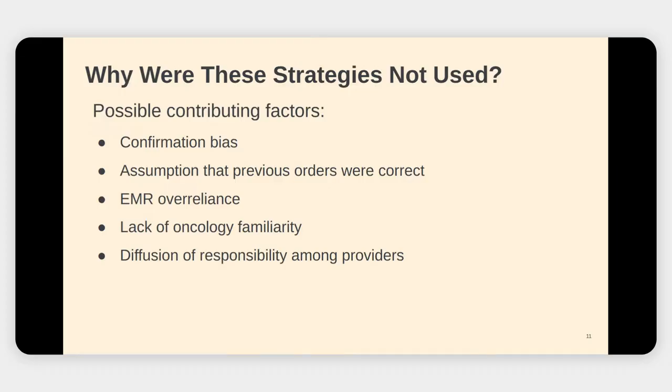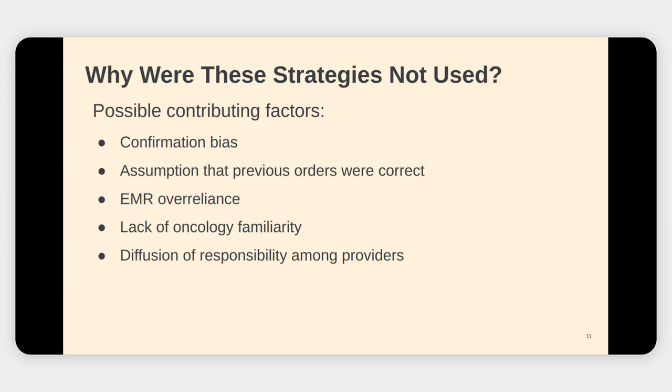I believe several human and system factors contributed to this error. One factor was likely confirmation bias, in which providers assumed that medications listed in the medical record were already correct. Workflow pressures during hospital admission may also have encouraged providers to focus on efficiency rather than verification.